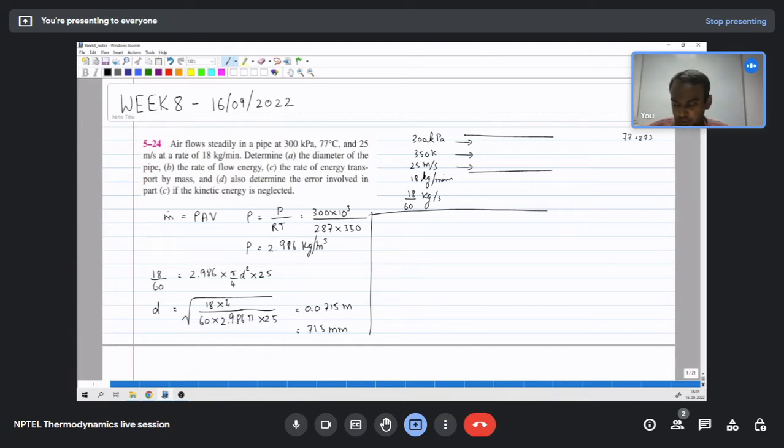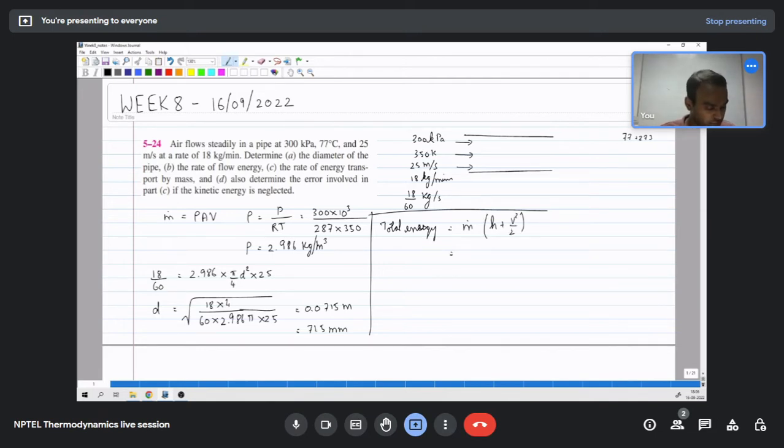The next part of the problem is to calculate the flow energy and the rate of energy transport by mass. So I will calculate the total energy that is transported. Total energy is m dot into h plus half V square, which is V square by 2.